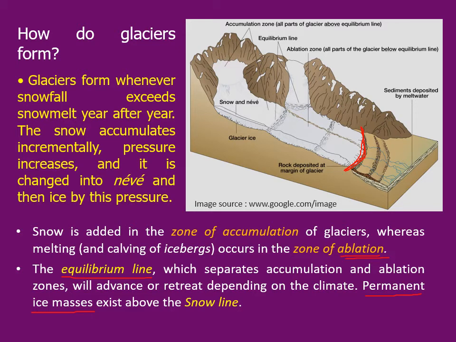So this equilibrium line recedes towards the top of the mountains. The equilibrium line during summer will be like this. Above this line you will find ice in summertime as well as in winter time. That is why the equilibrium line during summer is known as the snow line, above which permanent snow cover exists.